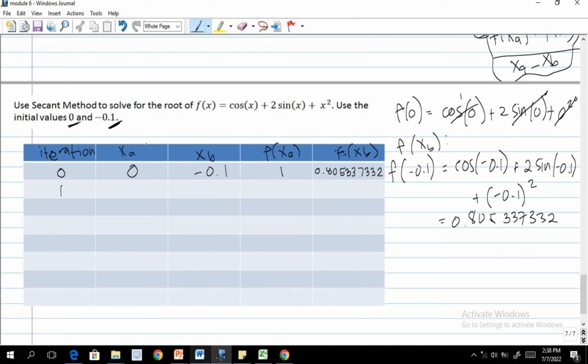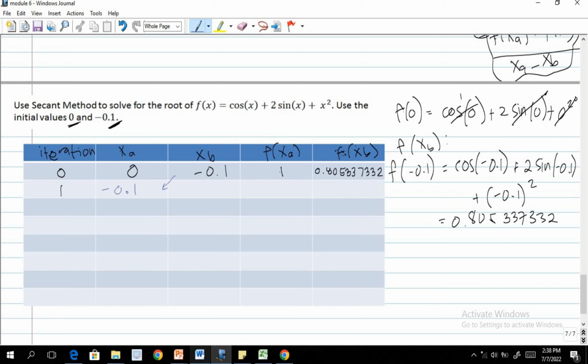Kanina, yung ating xa ay nasa 0, yung ating xb ay nasa negative 0.1. Ngayon naman, ililipat natin. This time, yung xb dito sa may iteration 0 na negative 0.1, ililipat natin siya ngayon kay xa ng iteration 1. Gets? Kaya yung xa sa may iteration 1 ay magiging negative 0.1.